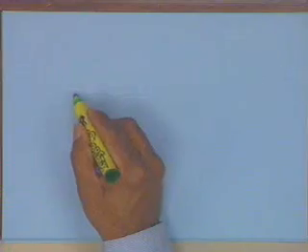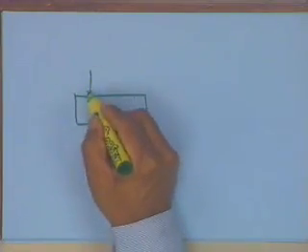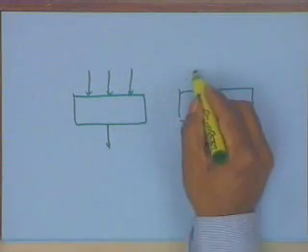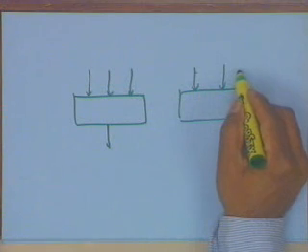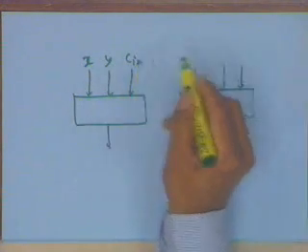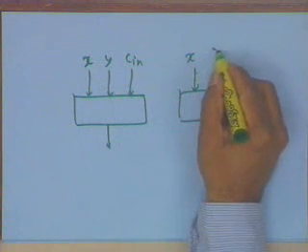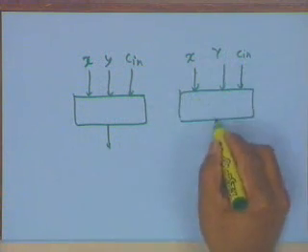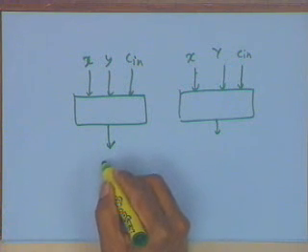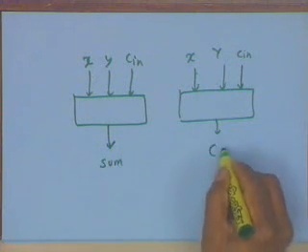What is happening is, I have some inputs X, Y, C in, and this is your sum, this is your carry out.